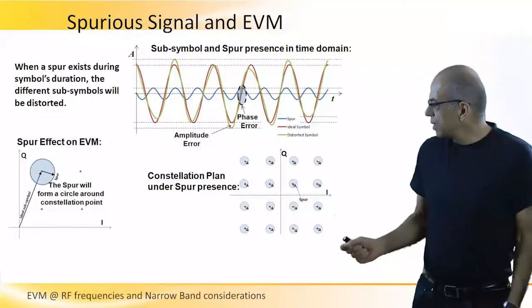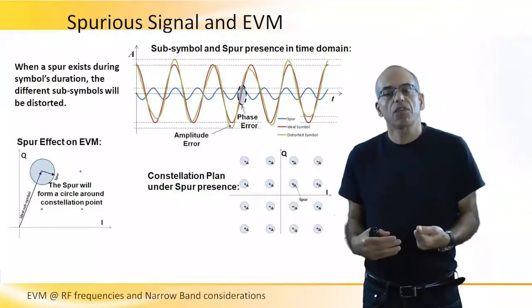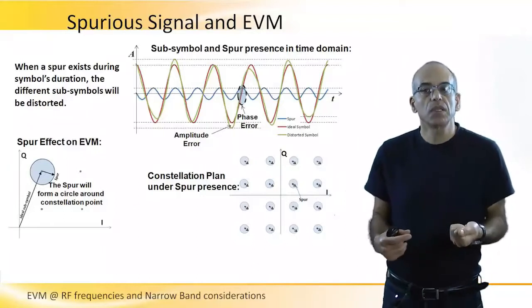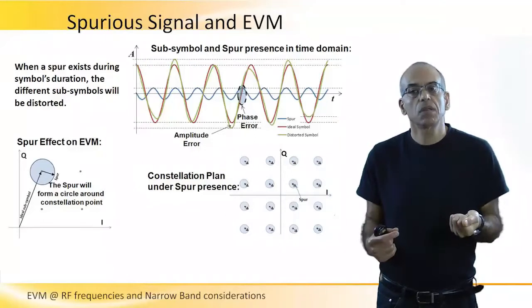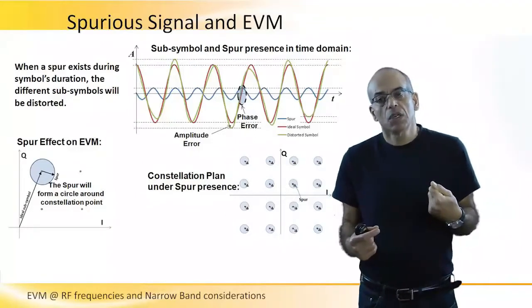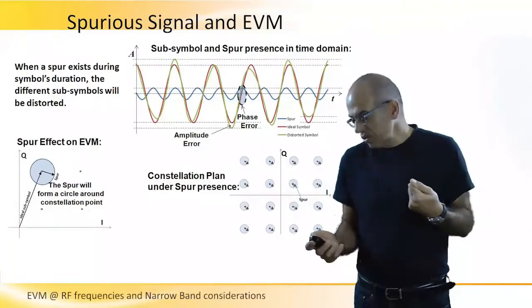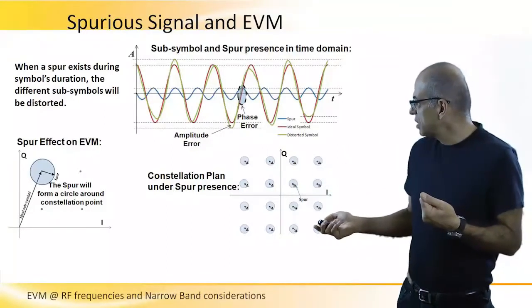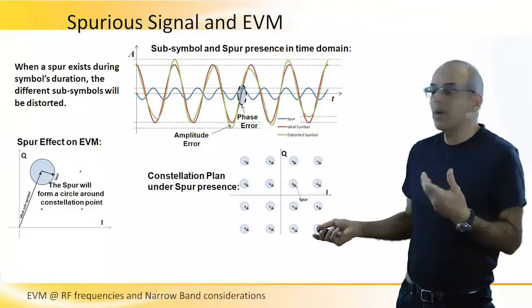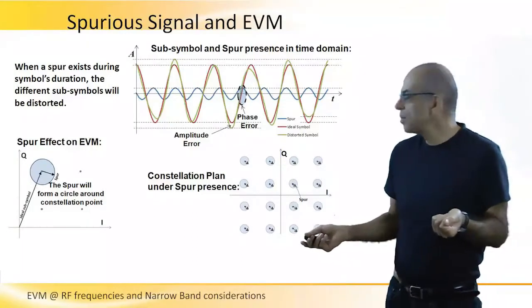Okay, let's move to the effect of a spurious signal on the subsymbol information. Here we can see in time domain, in red, an ideal sine that may represent a subsymbol.